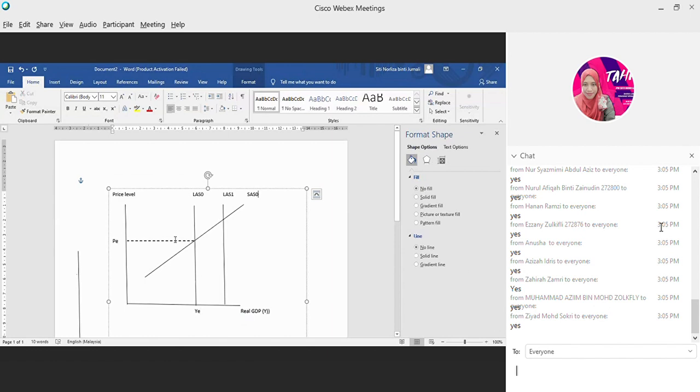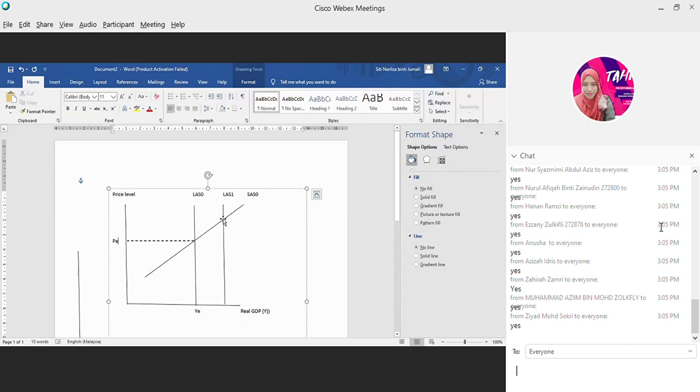This is not the ending. Previously this is the point where LAS is the same as SAS. But now we want to analyze what will happen to the PE or to the YE if LAS shifts. The reason for the shift is that we are facing an advance in technology. So we think that this is the point where we will achieve the new PE and new YE.